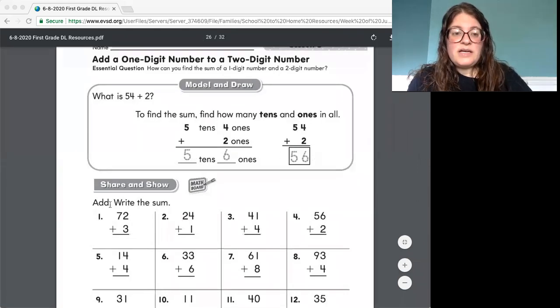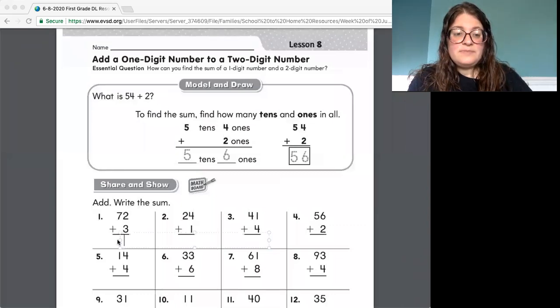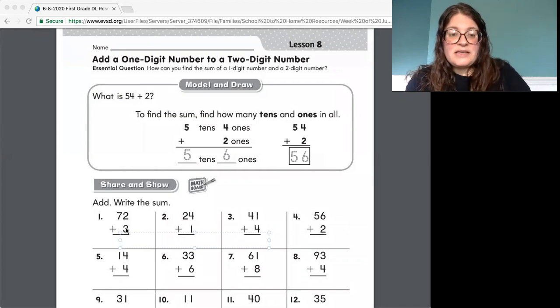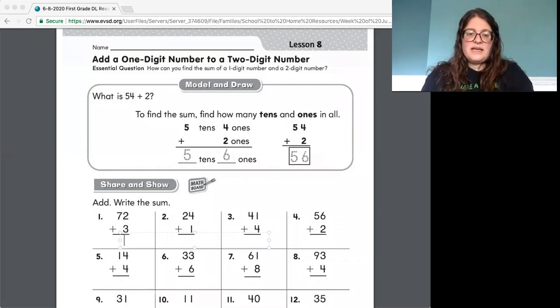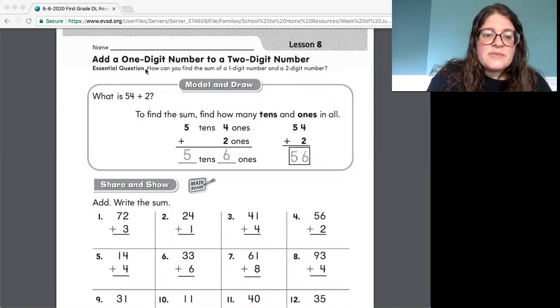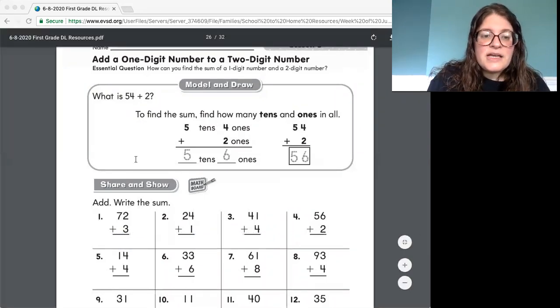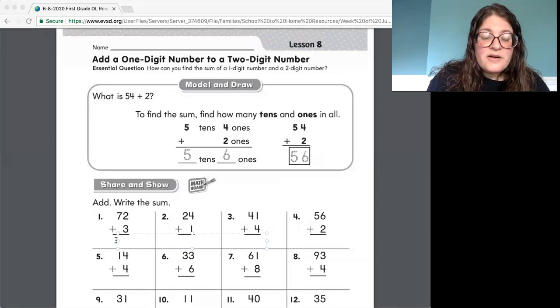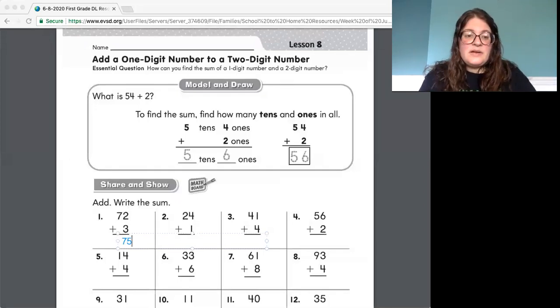I'm just going to do 1 here with you, and then we're going to move on. So if I see 2 plus 3, that makes 5. And 7 plus 0, that makes 7. My answer is going to be 75. Oh, and that's kind of not where I want it to be. So let me try that again, because it is very important that you line it up underneath.